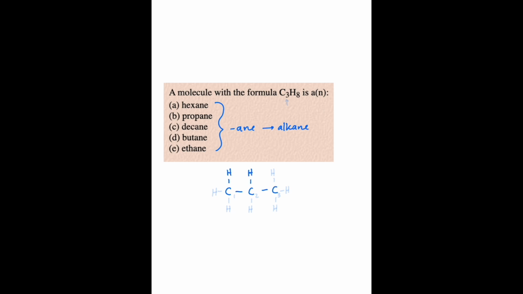So 1, 2, 3, 4, 5, 6, 7, 8. So this confirms we have an alkane. And since we have 1, 2, 3 carbons, as confirmed by our formula, we know that the prefix should be prop. So our final answer is B.